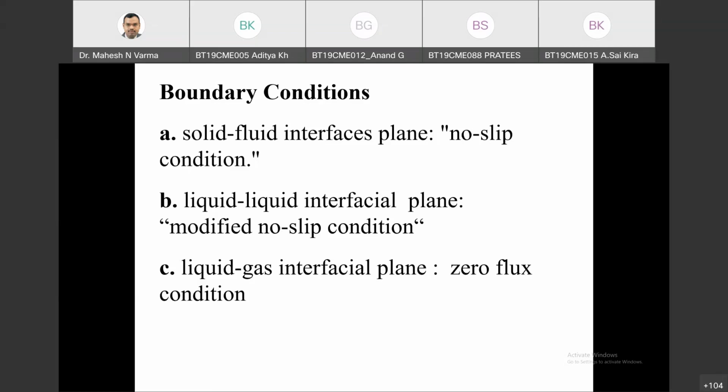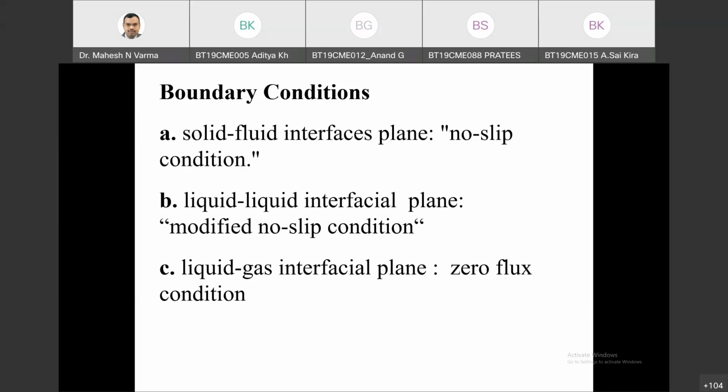Both layers will have the same momentum flux, so there will be continuity of velocity and continuity of flux at the interface.